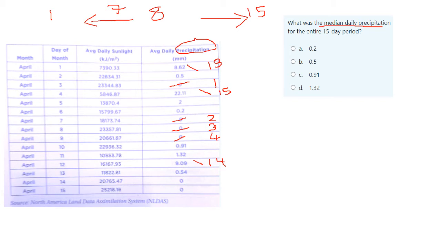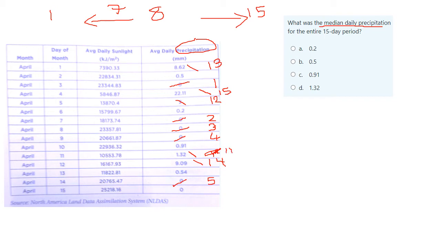The next highest would be 1.32, so that's number 12. The next lowest is still 0, so that is number 5. The next highest would be, oh sorry, we've missed one, but 2. 2 would be number 12. This one would be number 11.